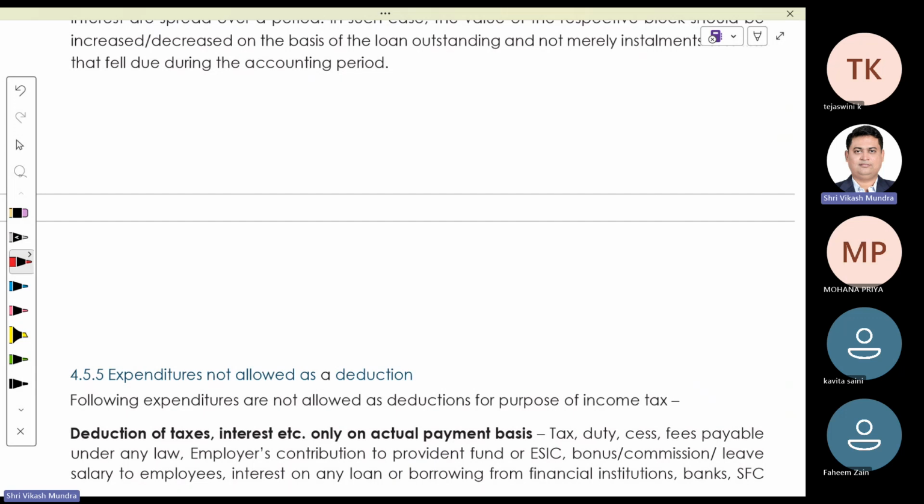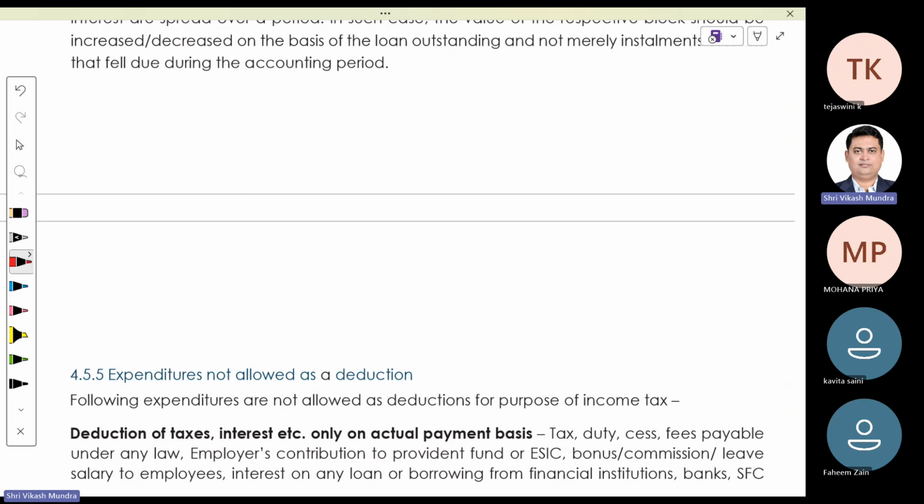However, for calculating income, we consider the expenditure incurred for earning that income. Direct tax, even though it is an expenditure, is applicable once the income reaches your hand.